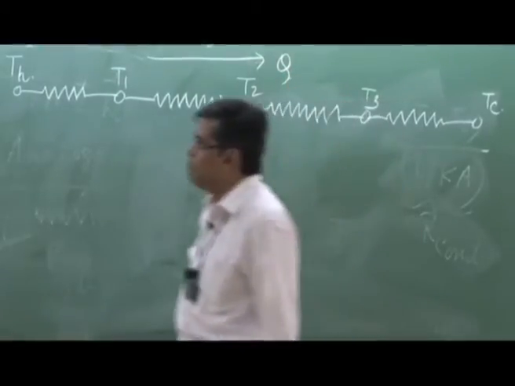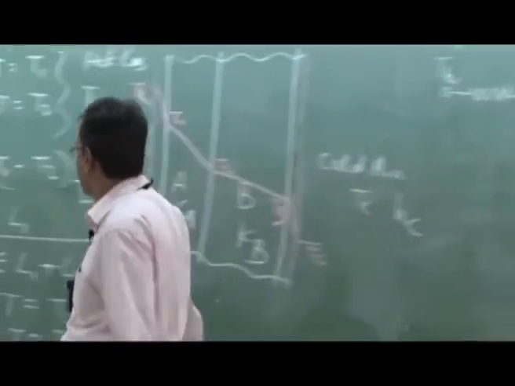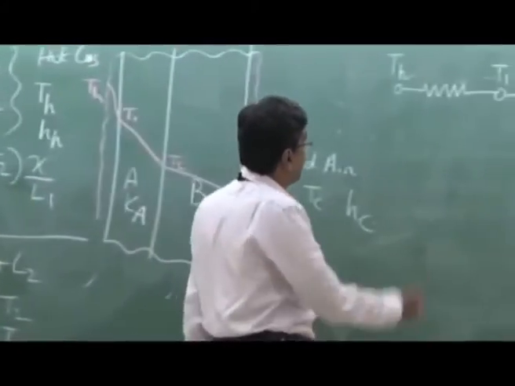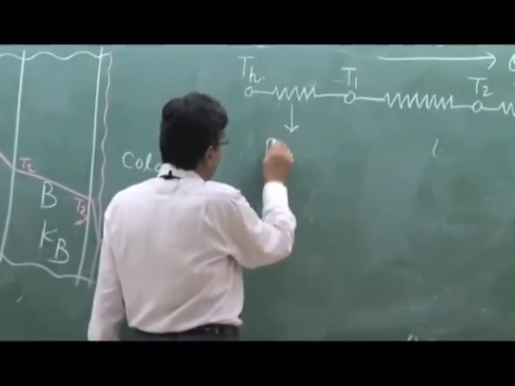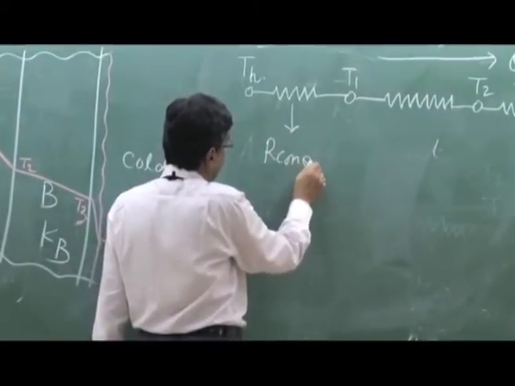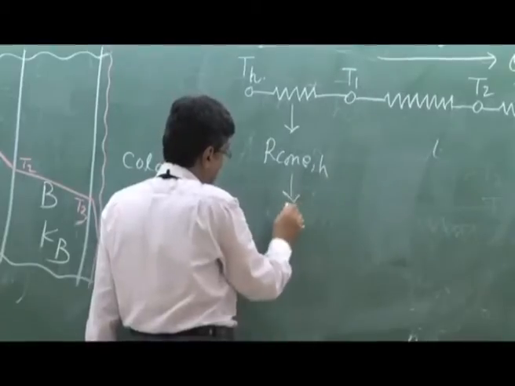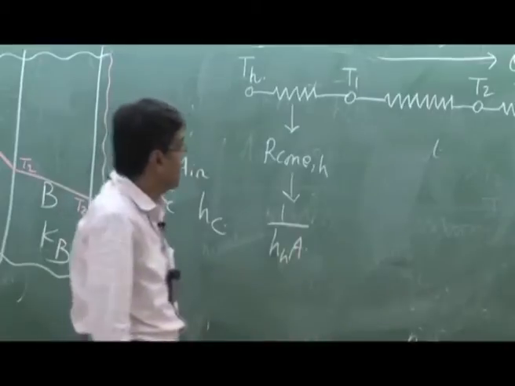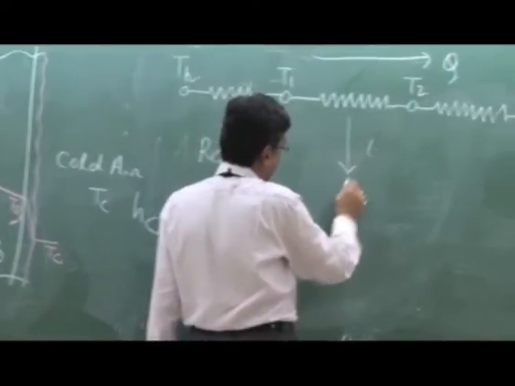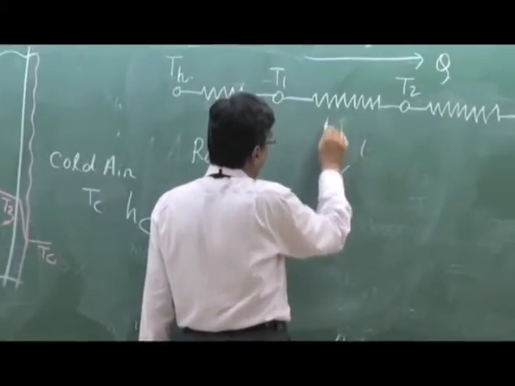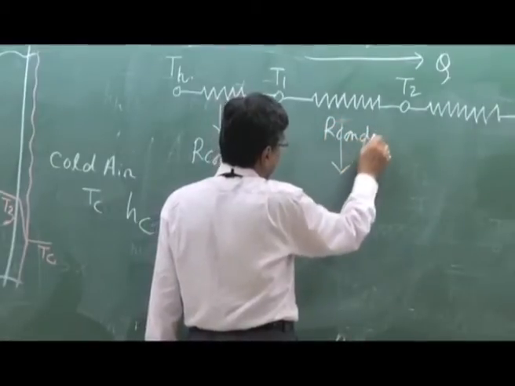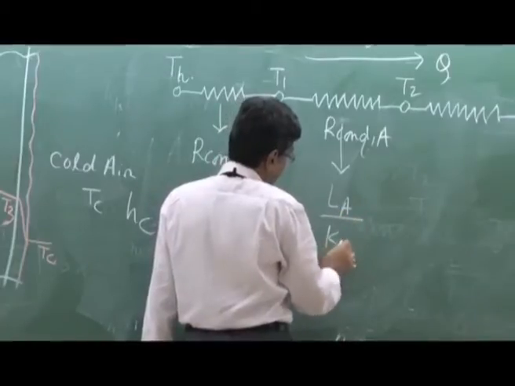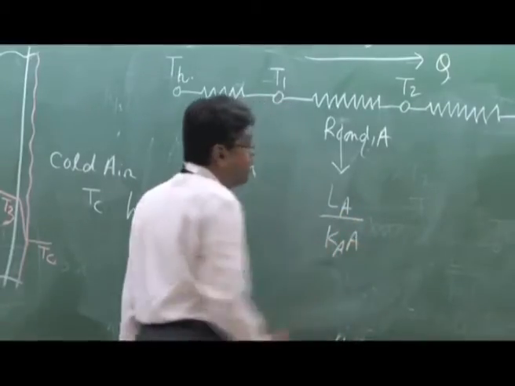That means I am writing the electrical analogous circuit for the equation. Q, and this is R convection, hot side, which is 1 by HHA. Then this is the material A, R conduction material A, which is LA by KAA.